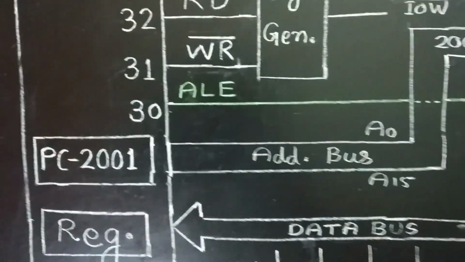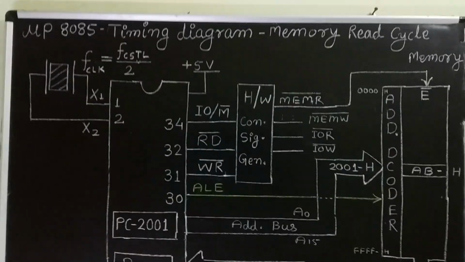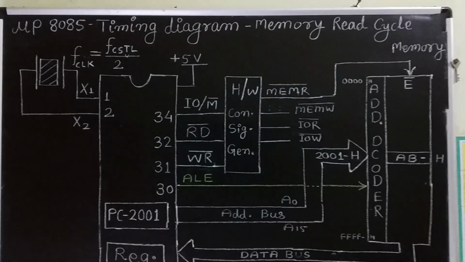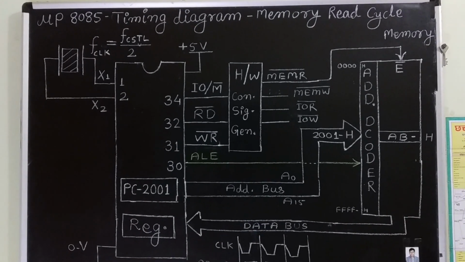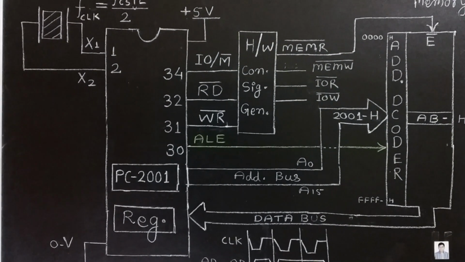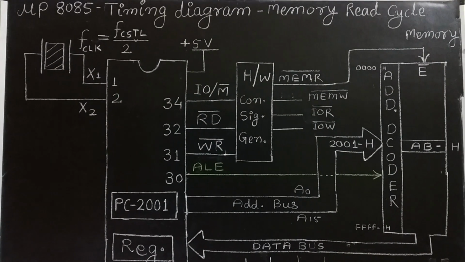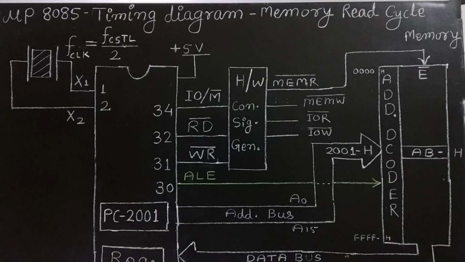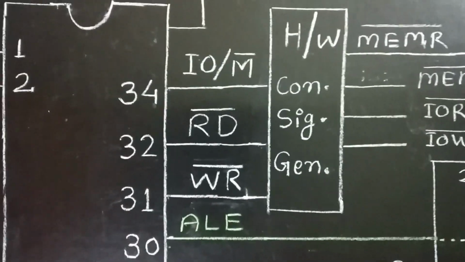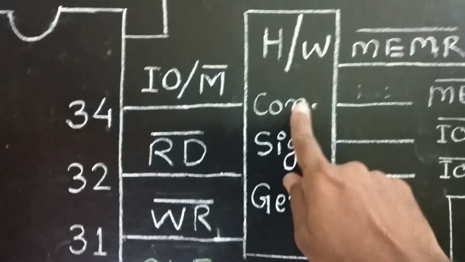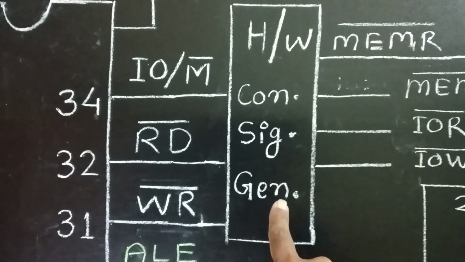Now, to understand how this activity will be facilitated by our microprocessor, we have to understand the generation of different control signals also, which we have already explained in an earlier lecture. Here we have shown the hardware for control signal generation.